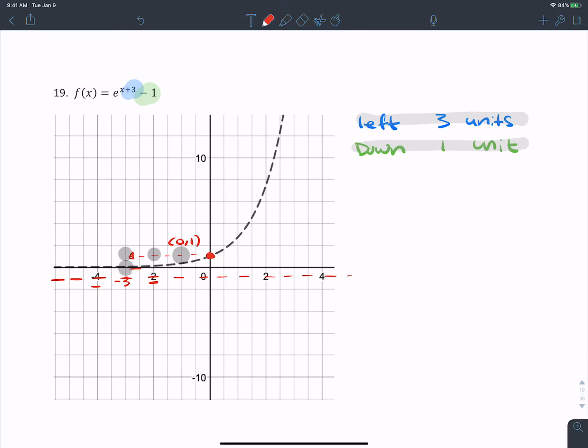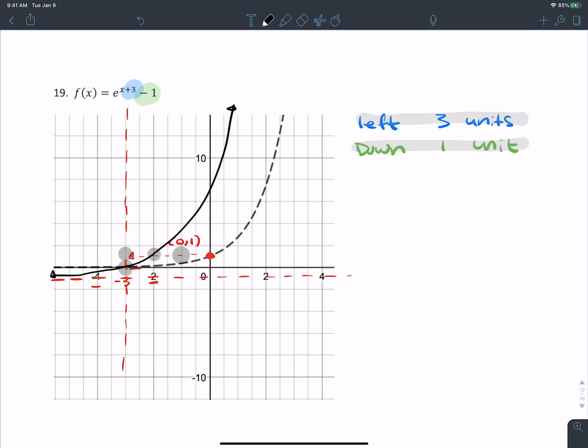So let's sketch the curve. And if you need to, draw your imaginary y-axis. That imaginary y-axis goes through this line here because I went to the left 3. My x-axis is down here at -1, so when I sketch here, I have to go up through that new point and then up forever.